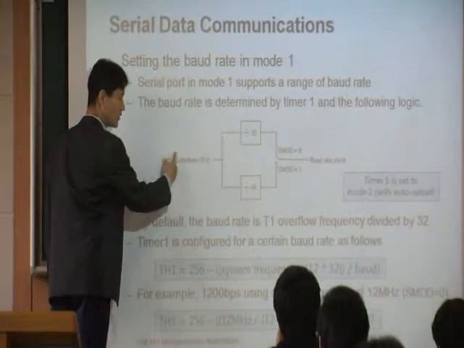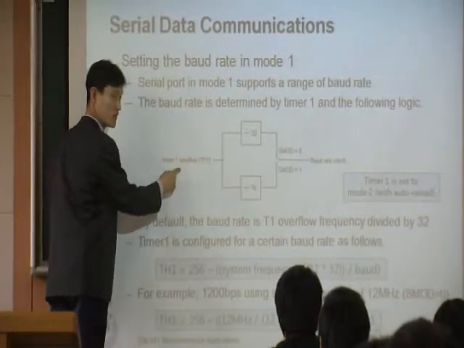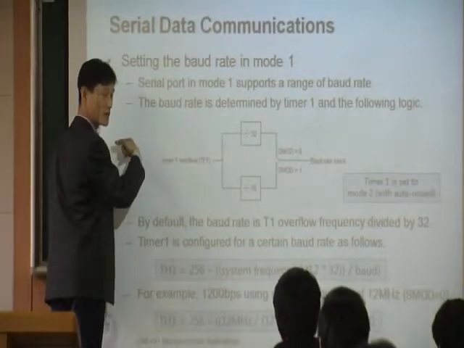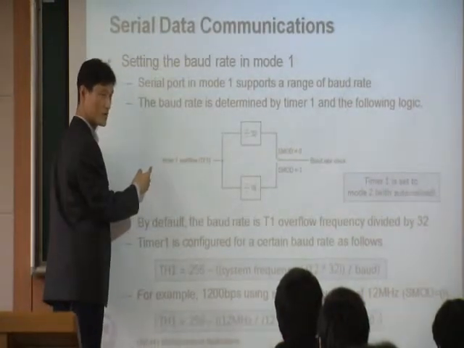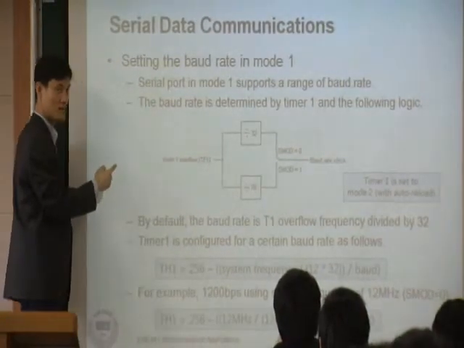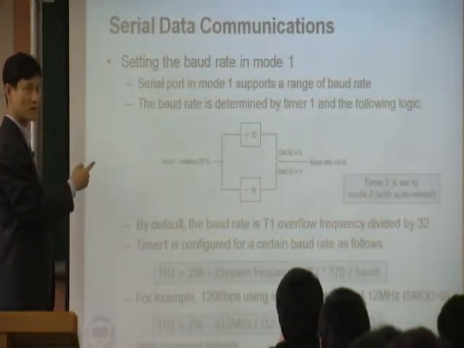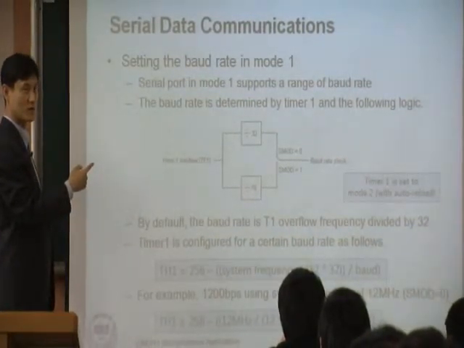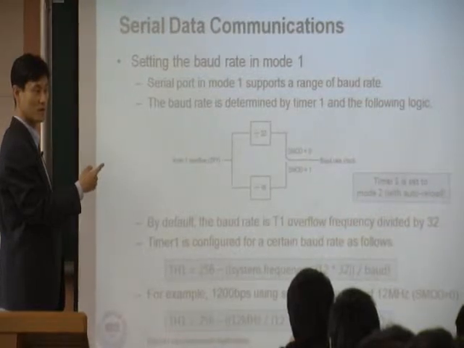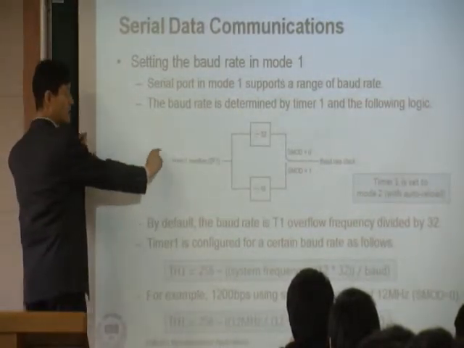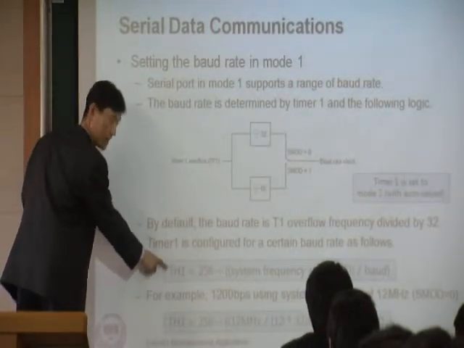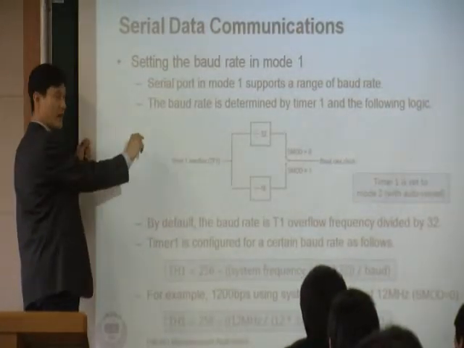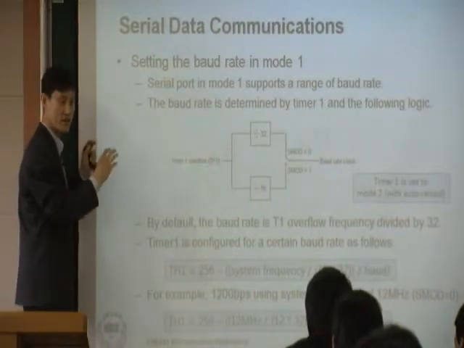This timer overflow, remember this TF1? This one comes from the timer. And what is the condition for a timer overflow? You have timer registers called TH and TL, and in TH and TL you have some initial value.